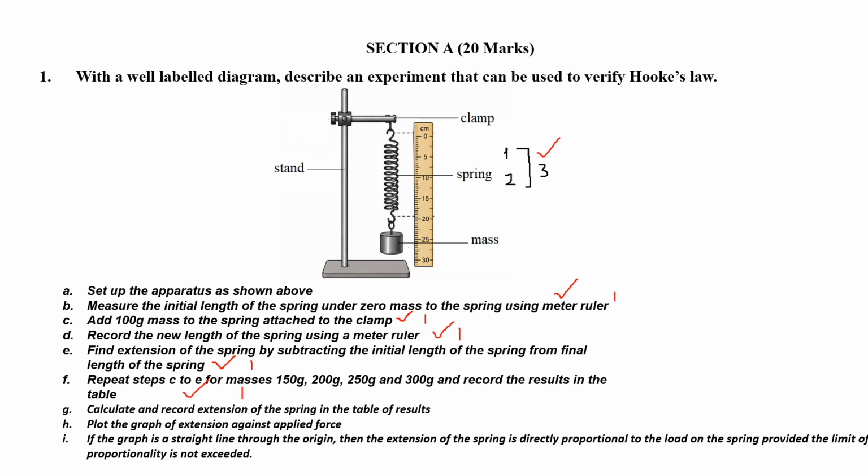Calculate and record the extension of the spring in the table of results. So for each mass you calculate extension. This is again 1 mark. Then plot the graph of the extension versus applied force. That's 1 mark. Then the conclusion, if the graph is a straight line through the origin, then the extension of the spring is directly proportional to the load.